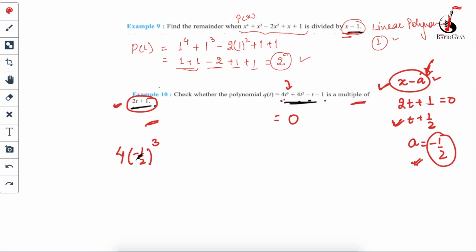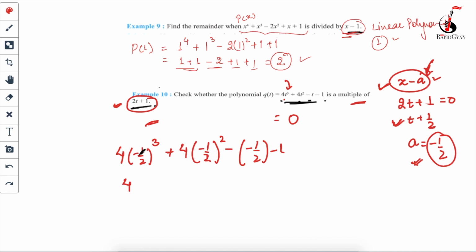So this is 4 in bracket minus 1 by 2 cube plus 4 in bracket minus 1 by 2 square. Then this is minus t, means minus of minus 1 upon 2, minus 1. So 4 multiplied by minus 1 by 2 cube.